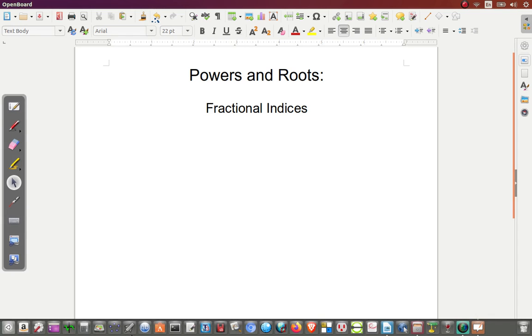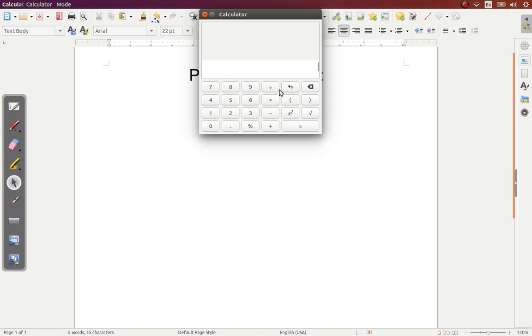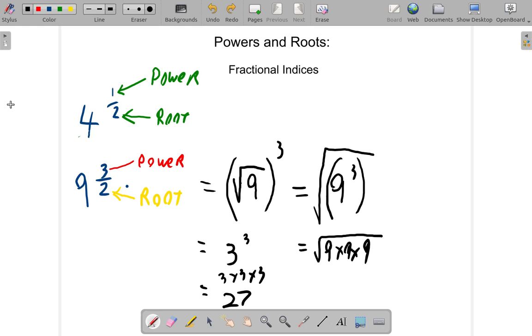My calculator says 9 by 9 by 9 equals a big number, 729. So this gives 729, and we find the square root of 729.